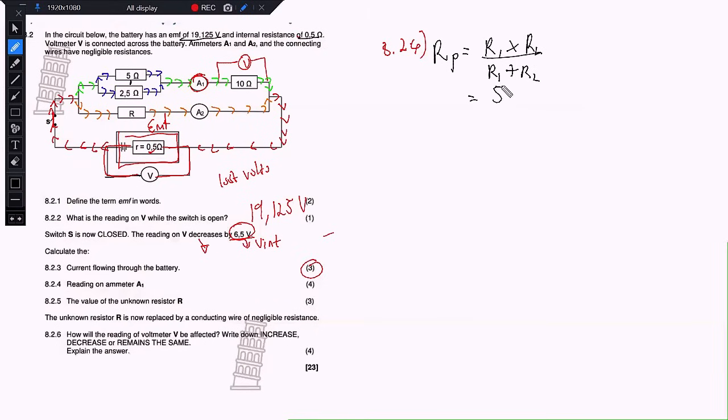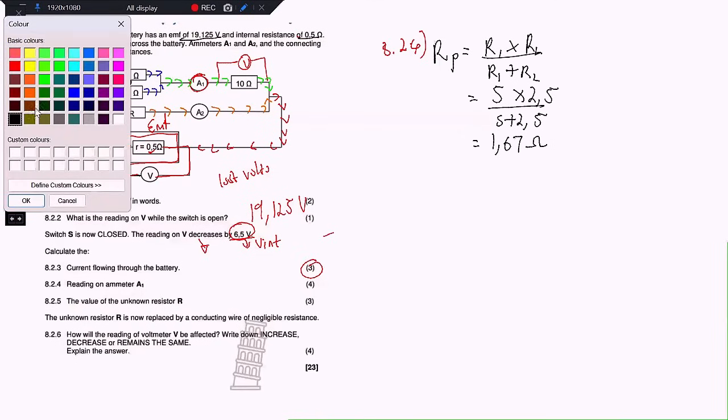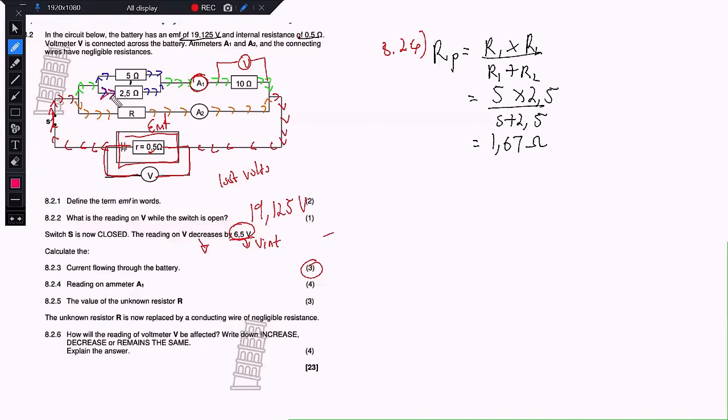Then this is 5 multiplied by 2.5 over 5 plus 2.5. The resistance that we get from there is 1.67 ohms. If we understand here, the green current splits here to form that blue current there. Here I was supposed to indicate with a different color, because the current in here will not be the same as that one. They don't have the same resistance.